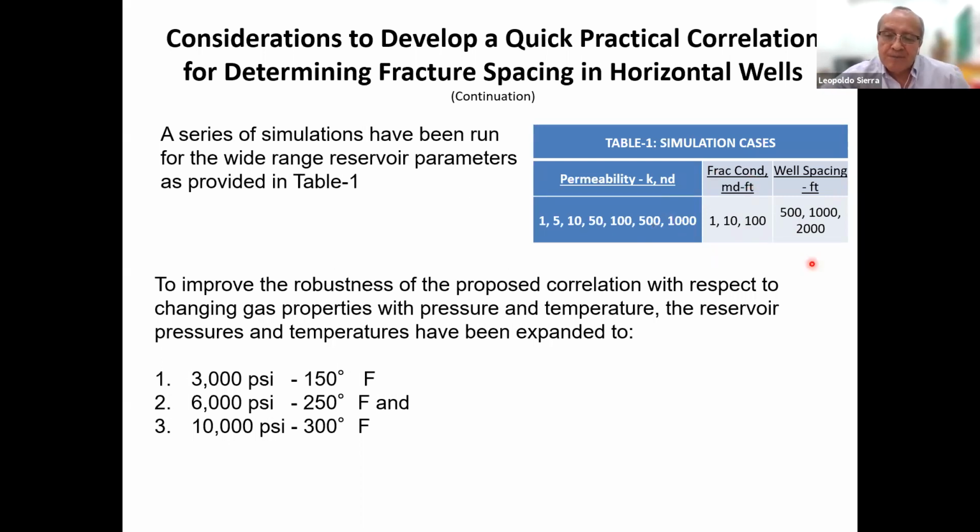In addition to that, to be able to consider the properties of the fluid, I'm talking here about the gas and also the oil, we also use different values for the reservoir pressures, changing from 3,000 psi to 10,000 psi, and also changing the reservoir temperature from 150 degrees to 300 Fahrenheit degrees.